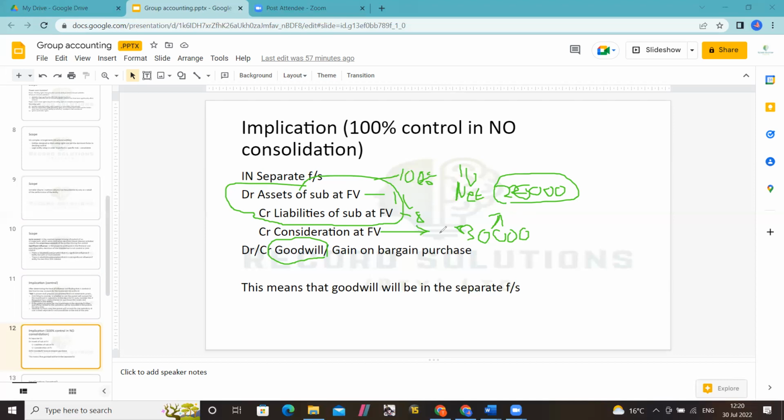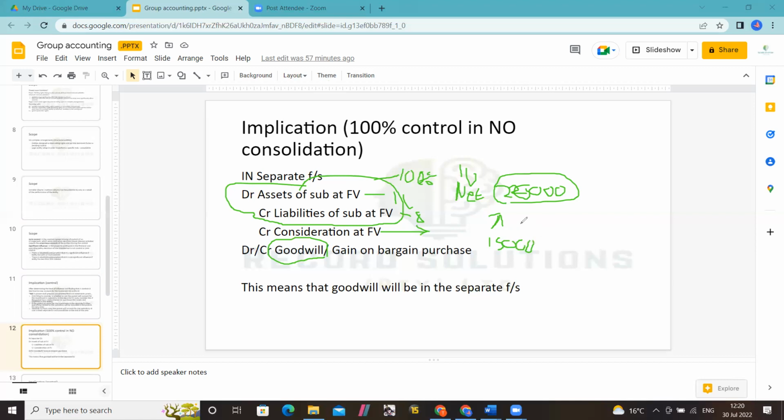Now, second example: let's say you didn't use 30,000 to buy this business. You bought this business for, let's say, 15,000. So you bought it for less than its value, because its value is those net identifiable assets.